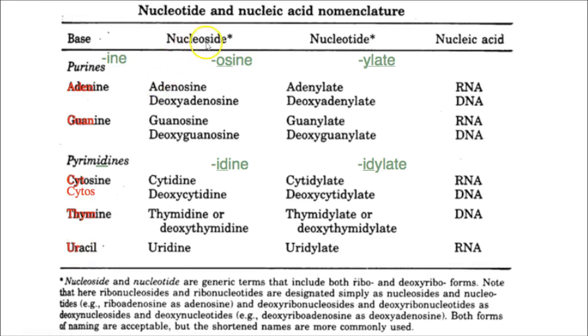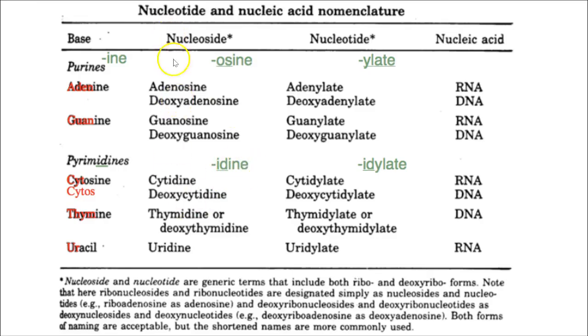When you come to nucleosides, with the purines it has an os before the ine, but the pyrimidine has the id in front, and that's replacing that os, and it still has the same last three letters of the ine.